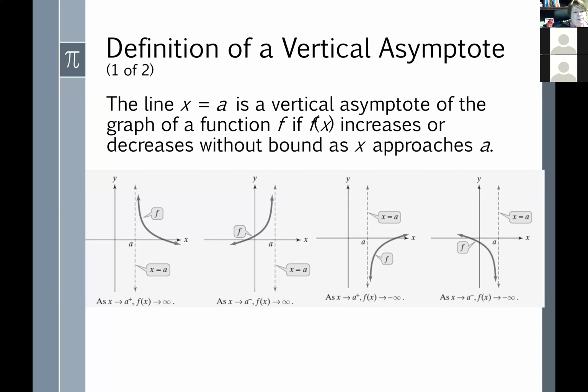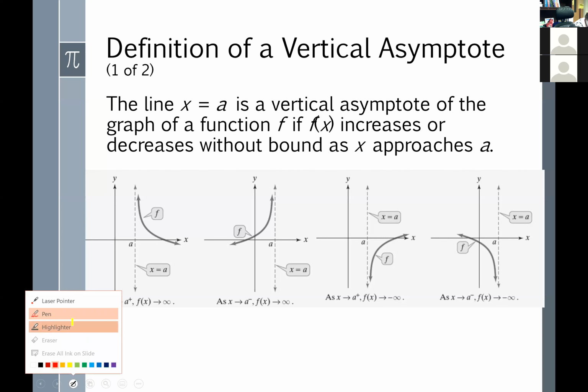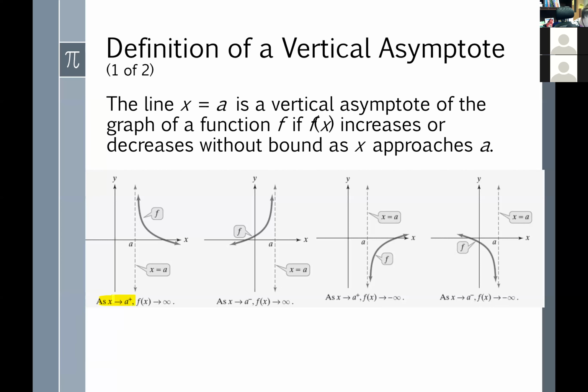In the first image on the left, I have a function that's approaching that vertical line from the positive direction. And that is denoted right here as x approaches, as this function approaches that vertical line from the positive direction.